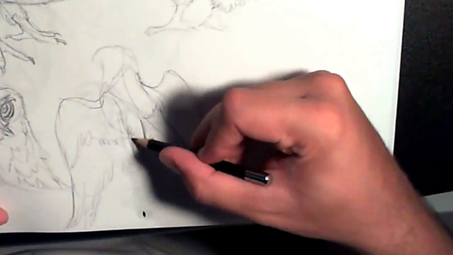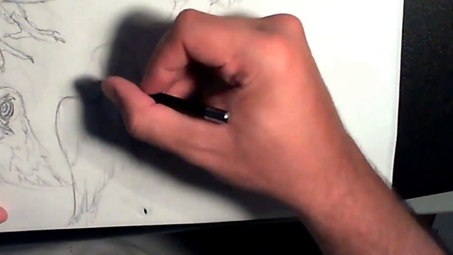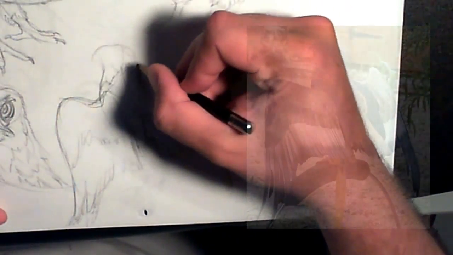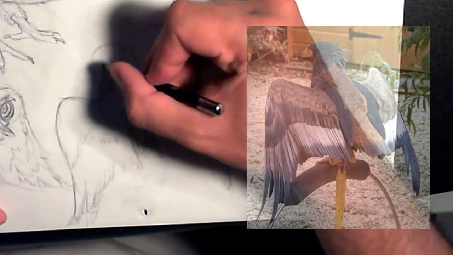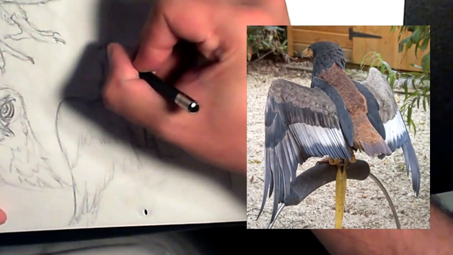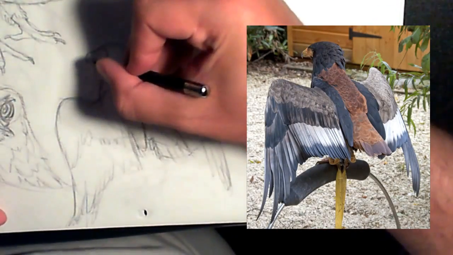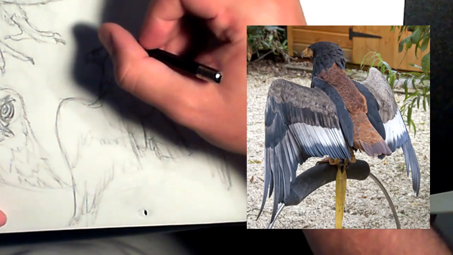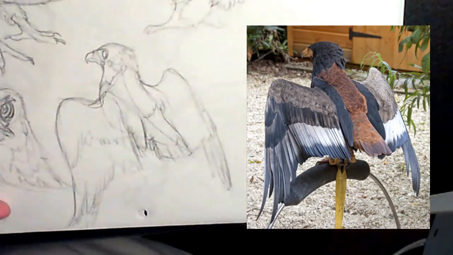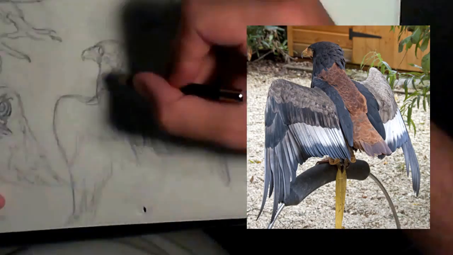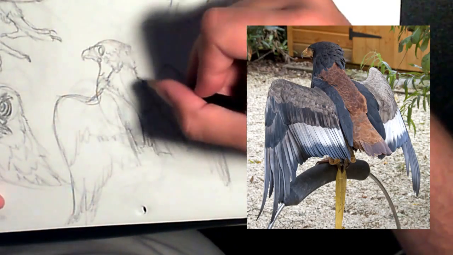This bird has some somewhat strange groupings of feathers, feathers of different sizes and textures and colors. So at this point, with this back view of the wings kind of beginning to unfurl, I'm spending a bit of time trying to understand those groupings of feathers.